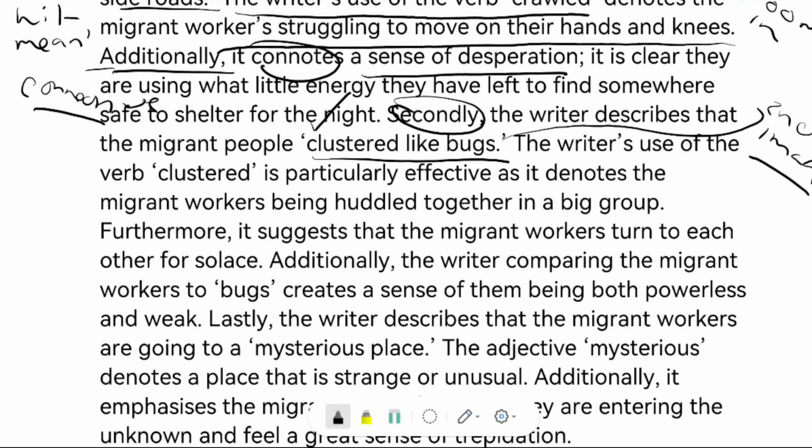Now, what Cambridge say every single year is that if you want to get those top marks, you have to explore the connotations of individual words, even if you are looking at an image. Now, what some of my students do sometimes is that they treat that as one image, and yes, you are going to get marks for that, but actually "clustered" is certainly a powerful verb, and this simile is quite interesting as well.